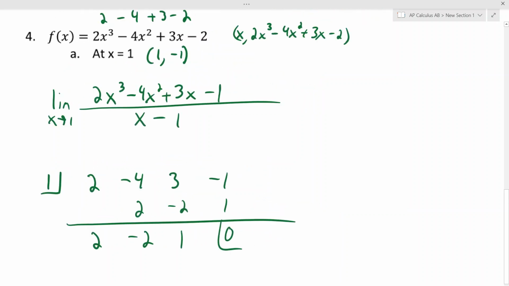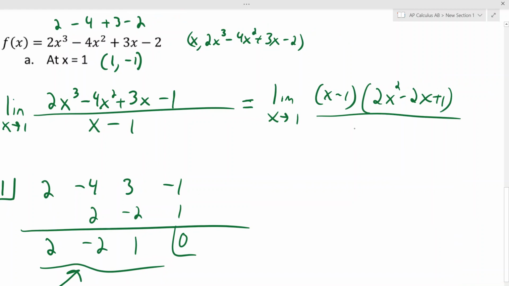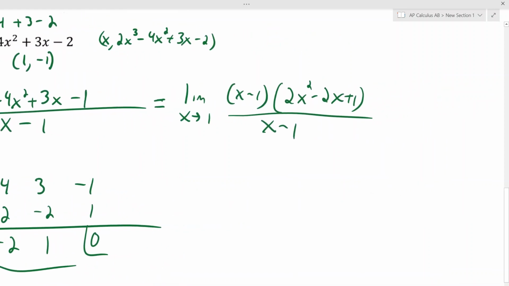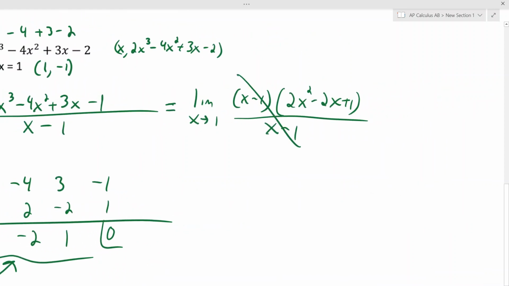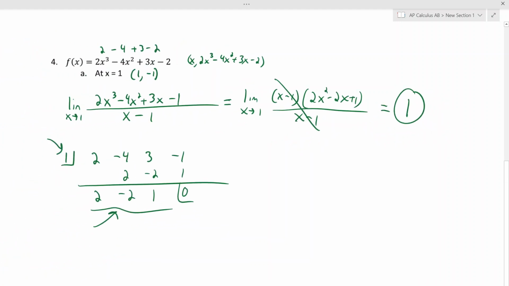So what that means is the numerator of this super cool cubic function is going to factor into an x minus 1, that's what I just factored out, times 2x squared minus 2x plus 1, over x minus 1. And you can see, like magic, the x minus 1s are going to cancel. And now when I put a 1 in there, I get 2 minus 2 plus 1, which is 1. So the slope of that function at x equals 1 happens to be 1, coincidentally.